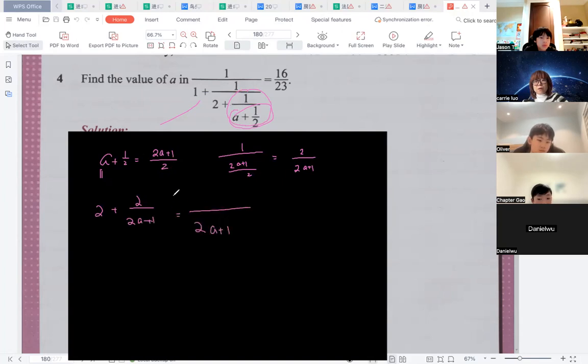Equals 2 times 2A plus 1, 4A plus 2 plus 2 equals 4A plus 4 over 2A plus 1. Get it?